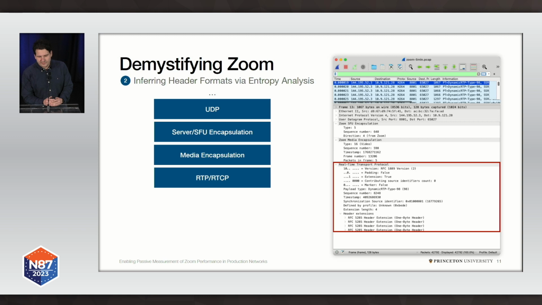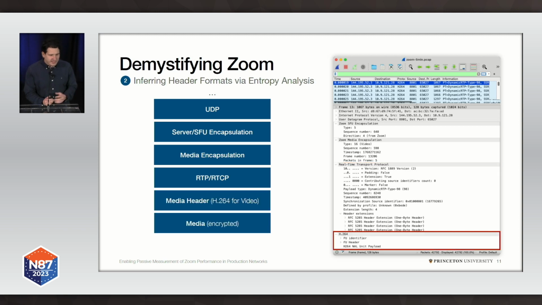One of those extensions, for example, looks very much like a frame type indicator, as would be used in scalable video coding. So we believe Zoom uses that as well, but we did not actually further investigate that part. And then only after that, at least for video, we do see an H.264 network abstraction layer unit header. And then only after that, we see the media, which is then really encrypted.